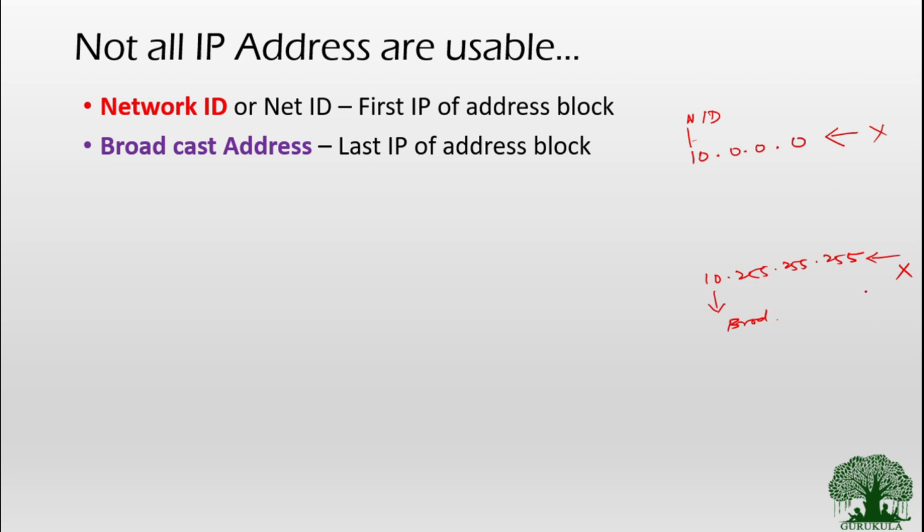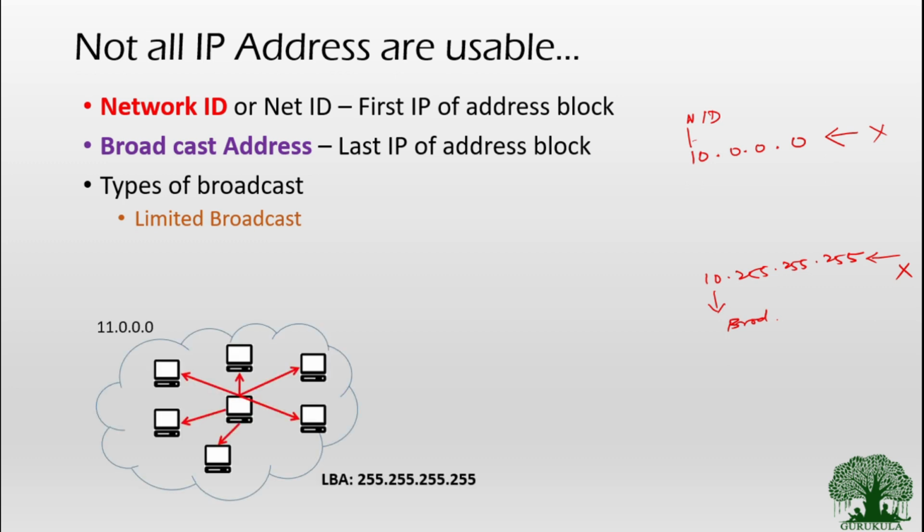So fine. When we talk about broadcast addresses, there are 2 types of broadcast. We have limited broadcast. What is limited broadcast? When you look at the figure, you can clearly see that one particular node wants to send its information to all the systems connected in the same network. As you can see, the network ID is 11.0.0.0.